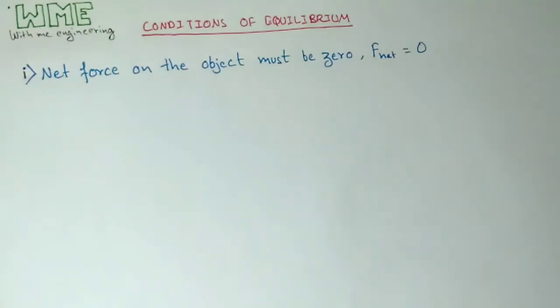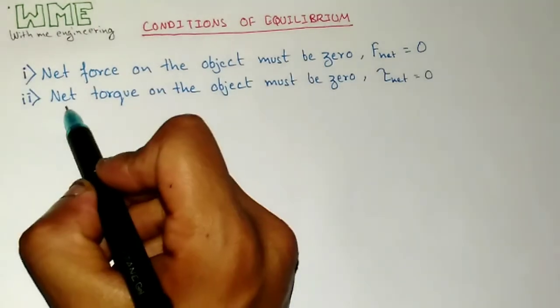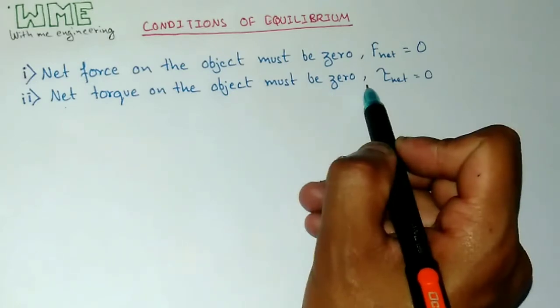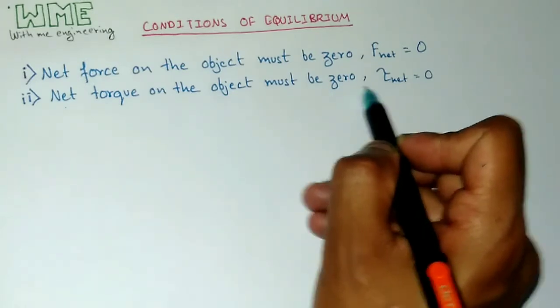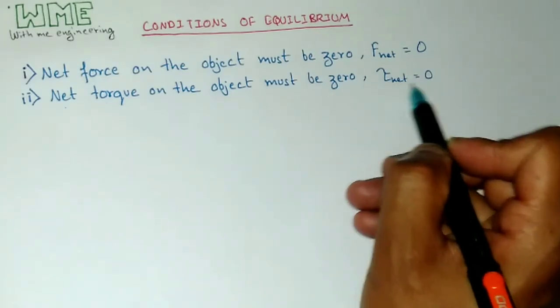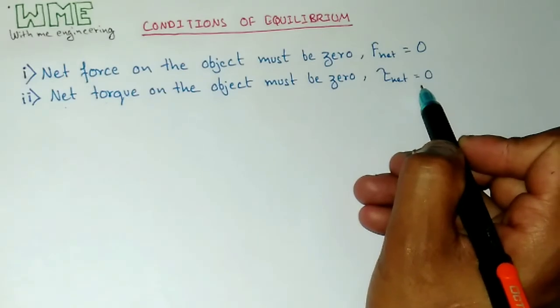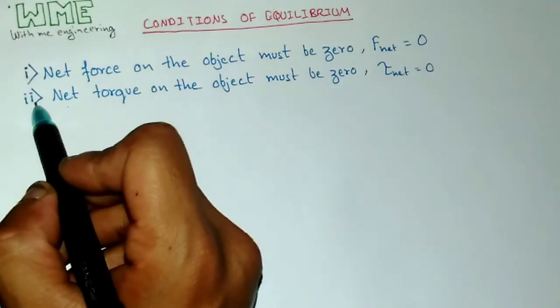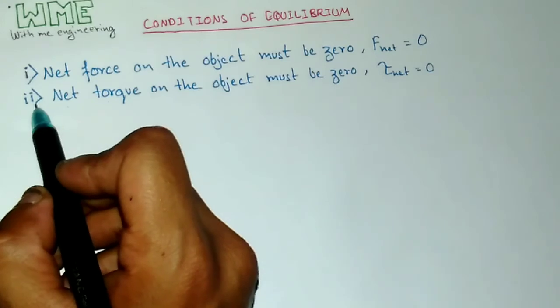The second condition is that the net torque on the object must be 0. Torque is denoted by tau, so tau net equals 0. These two conditions must be fulfilled.